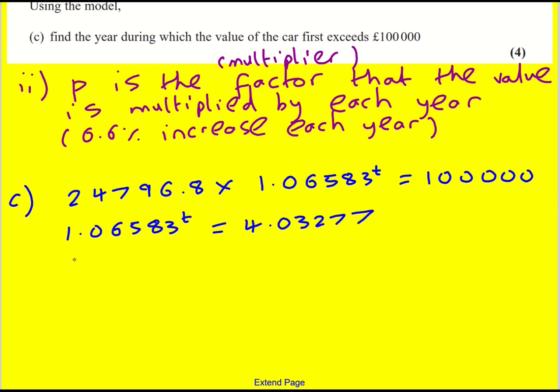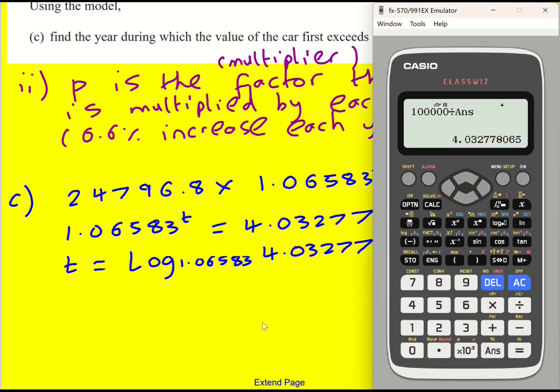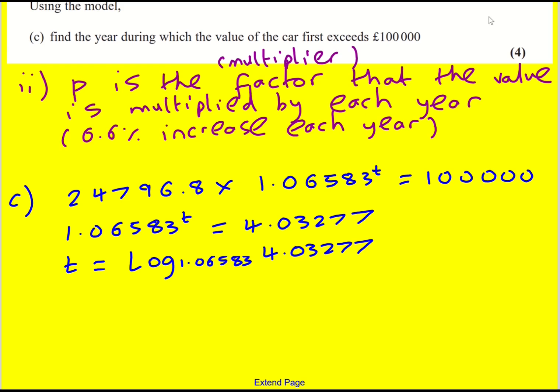And the quickest way to do this is to just realize that we can turn our exponential into a log. It's going to actually be t is log of 4.03277 to base 1.06583. It's absolutely fine to take that log. Which gets us 21.872.